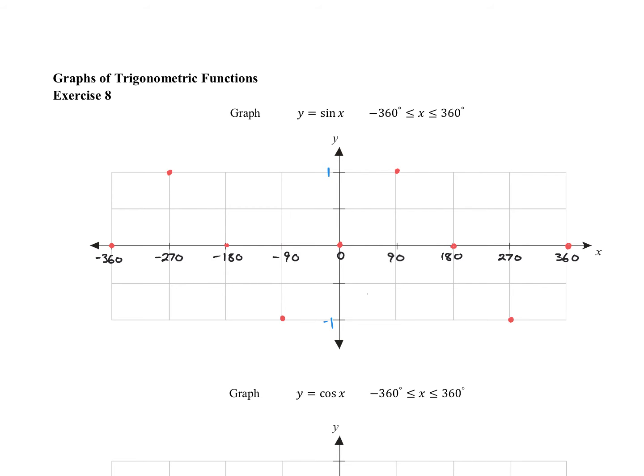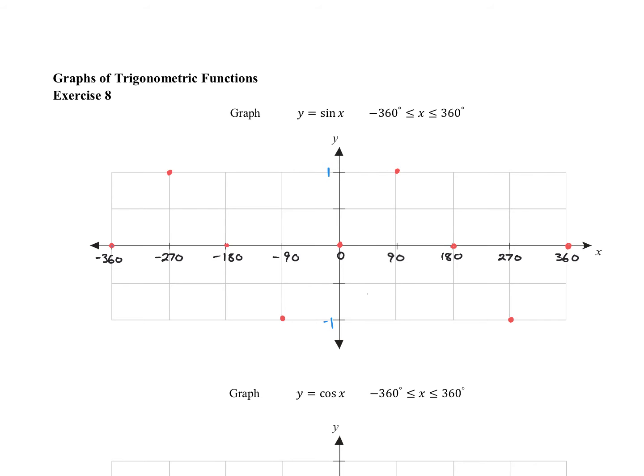Now, it's a bit hard to see the shape of what's actually happening here. You could always put in some more values, because although it looks like it's going in straight lines, it's actually a curve. The sine wave or the sine curve will always be a curve.